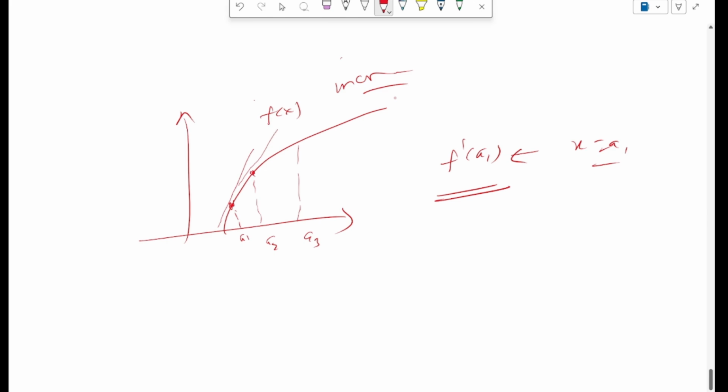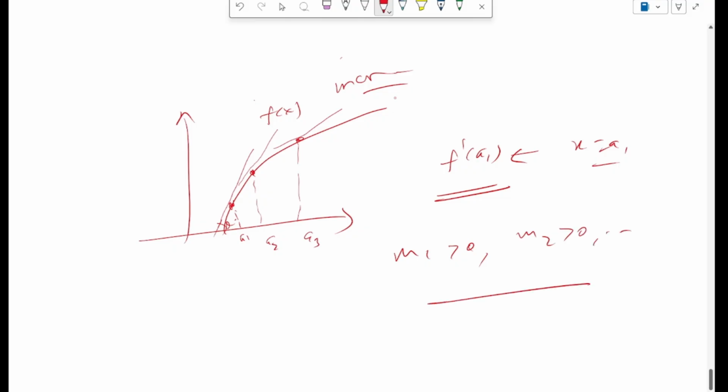You can notice this, at every point, these tangents produce a positive slope. Positive means if I take tan theta here, it will give me a positive value. M1 will be greater than 0. Similarly, M2 will be greater than 0, like this.